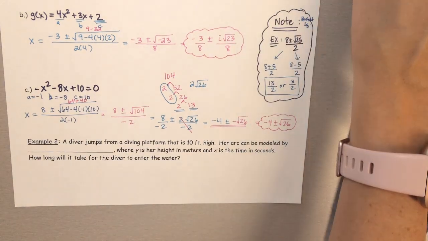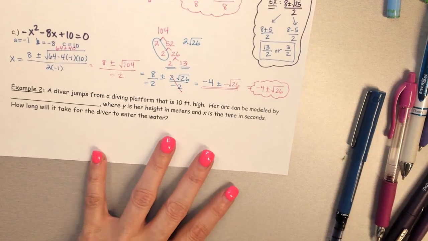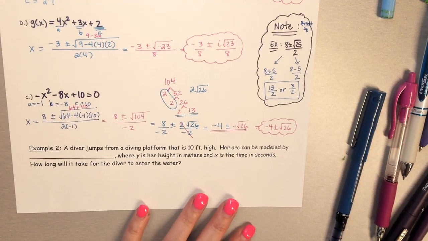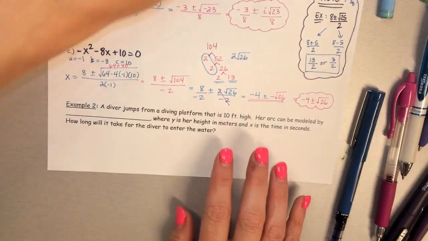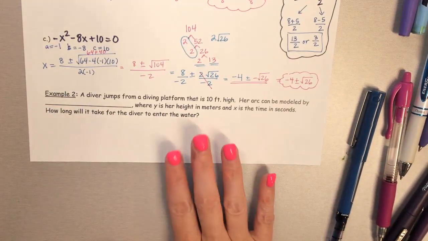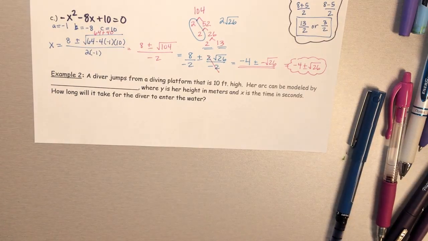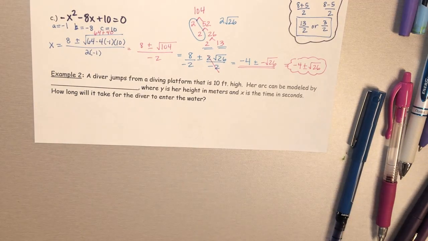All right, and then example 2 is where we're going to use our calculator. So we are going to practice some calculations with the quadratic formula. We know multiple ways to solve this problem, but this section is all about the quadratic formula, so we are going to be applying it here. It says a diver jumps from a diving platform that's 10 feet high.